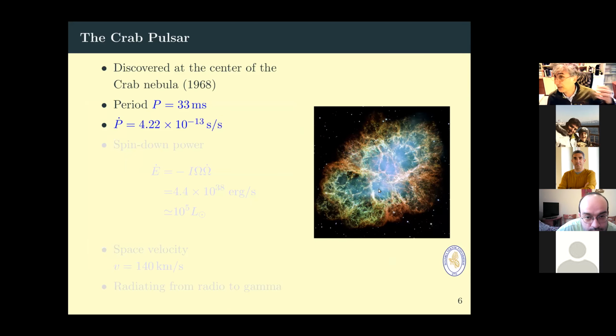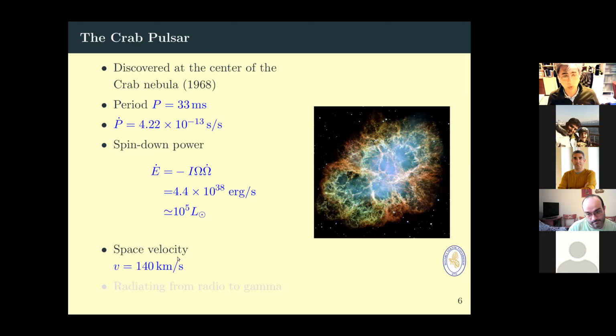And this, remember, corresponds to a spin down of about microseconds in a year. And this is still too much power, which is much greater than the luminosity of the sun.